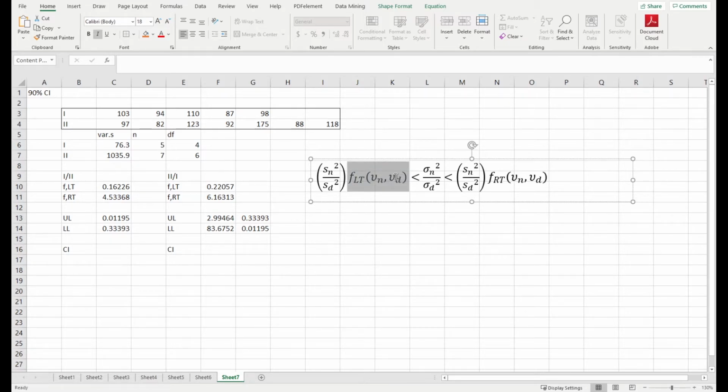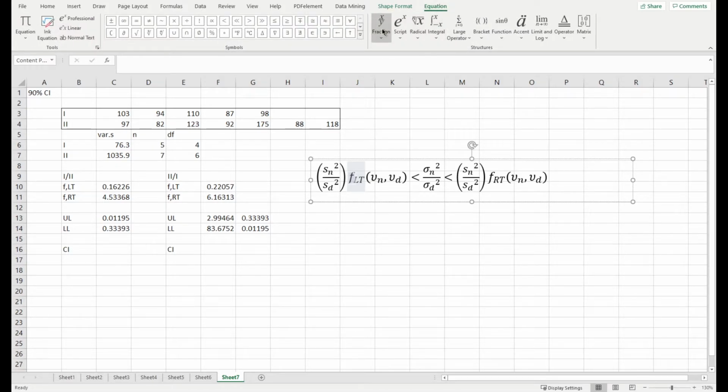So actually, ito dapat lalagyan natin ng 1/FLT. So dapat ito siya. Oh, sorry. Labas natin. Dapat itong value na to should be this one here.